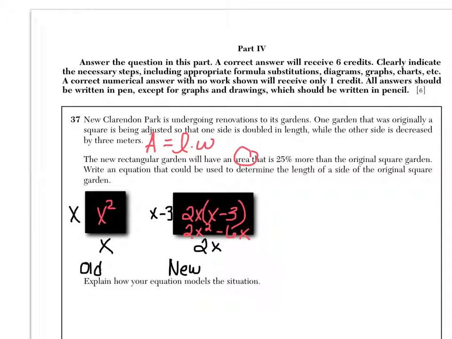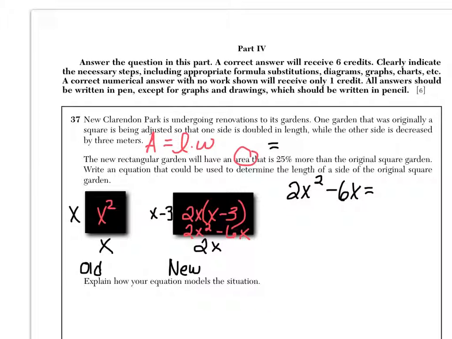The new rectangular garden will have an area that is, okay, so the area of that, 2x squared minus 6x, will have an area that is means equals 25% more than the original square garden.